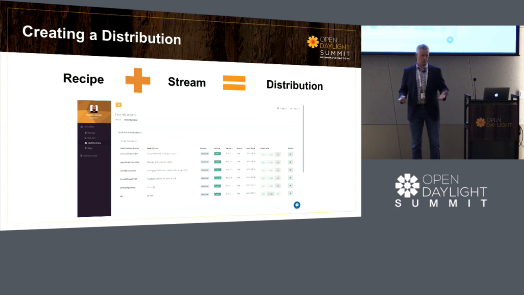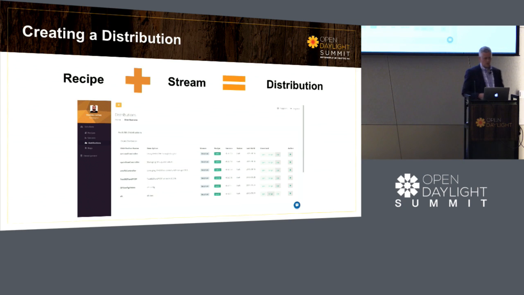It could be a controller, it could be an agent, whatever you're trying to accomplish. It doesn't even have to be anything related to SDN. It could be a smart city type of application where you're creating this instance that's going to be deployed on some device to control the different IoT-like components within that environment. So that's what becomes a distribution.